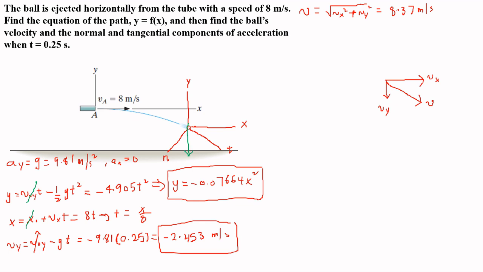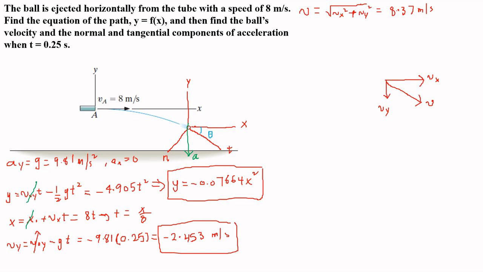So this is my a. Now look at this: n and t are components of a, so we just need to find these angles. Let us find the angle here, this one. Let me call this angle theta.